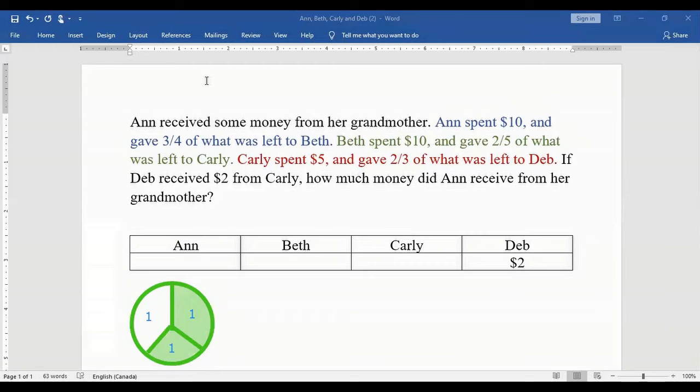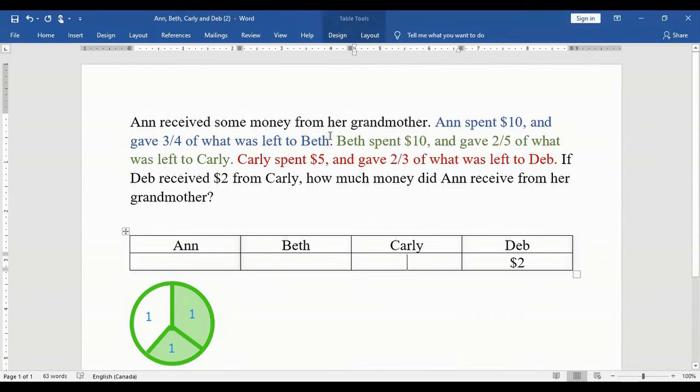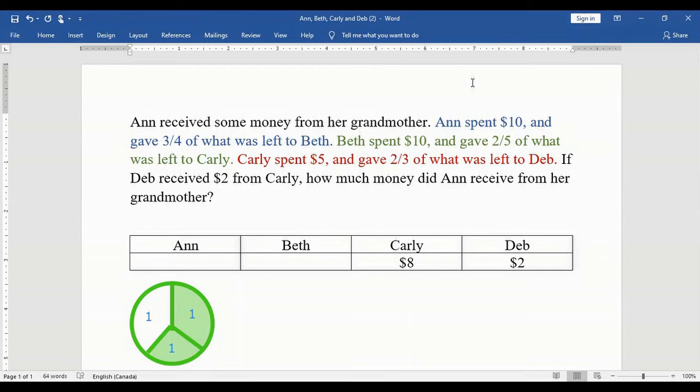So Carly has $3 in total after she spends $5. Since we want to find out how much Carly received from Beth, we'll give her $8, which is the $3 she had after she spent $5, and those $5 that she spent. Now I'll erase the drawing since we should have no further need of it.